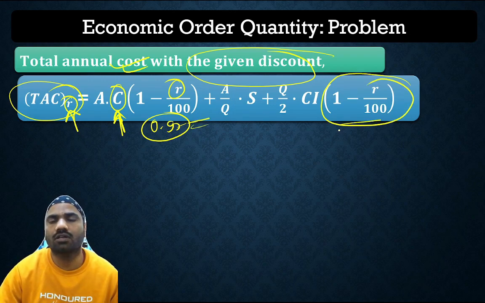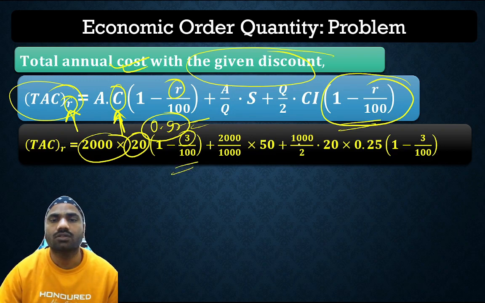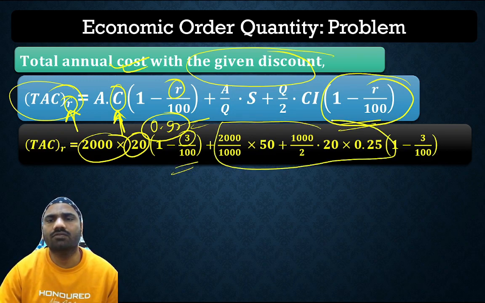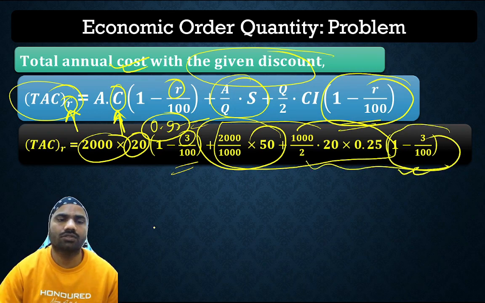Annual demand we have 2000 quantity, C we have 20 rupees, and discount we have 3 by 100. The first term will remain as it is, there is no change in it, and the third term will change. The change will be in the unit cost.